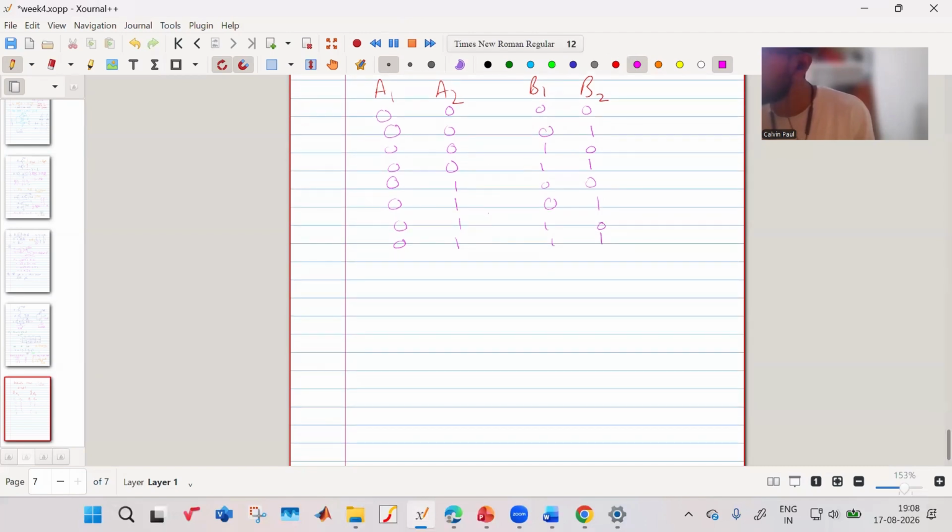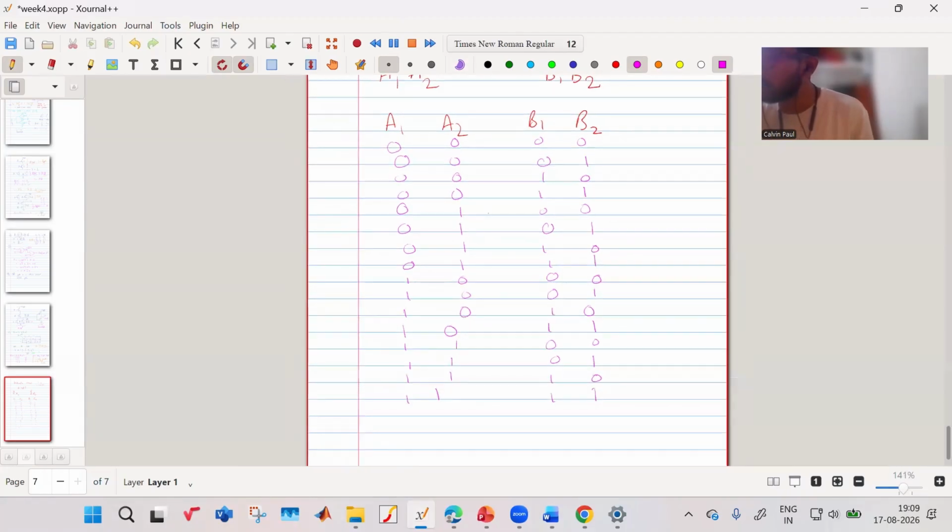Then this is 1, 0, 1, 0, 1, 0, 1, 0. And this becomes 0, 0, 0, 1, 1, 0, 1, 1. Then this is 1, 1, 1, 1, 1, 1, 1, 1. This is 0, 0, 0, 1, 1, 0, 1, 1. Okay, this is how you can draw the 16-row, 4-bit truth table.